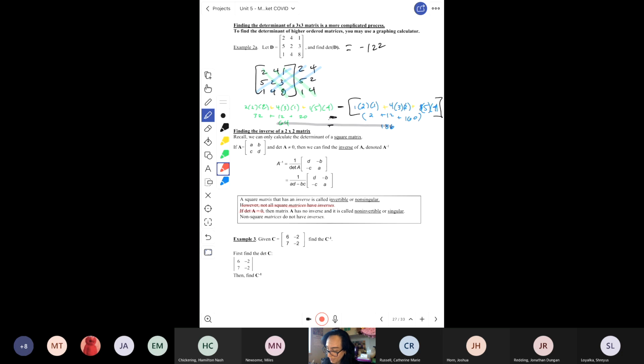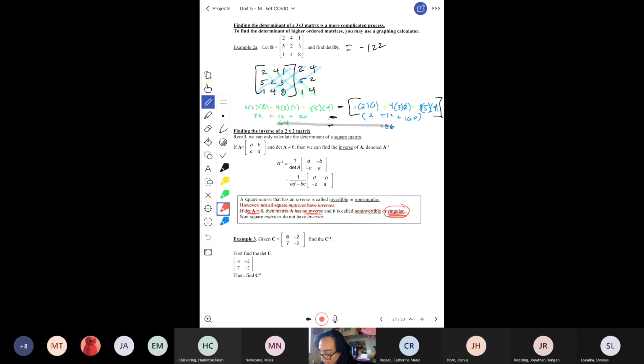If the determinant of a matrix is 0, the matrix has no inverse. We call it non-invertible, but more importantly, and more often used, we use the term singular. If the determinant is 0, there is no inverse, we call the matrix singular. It's non-invertible.